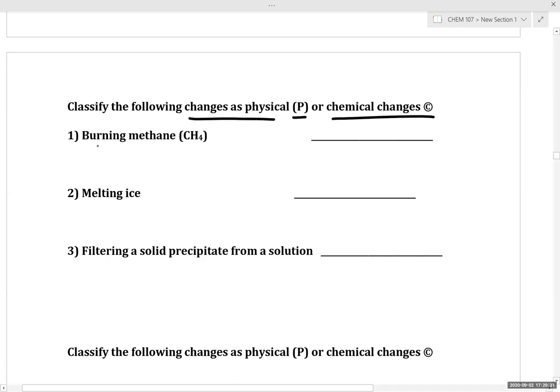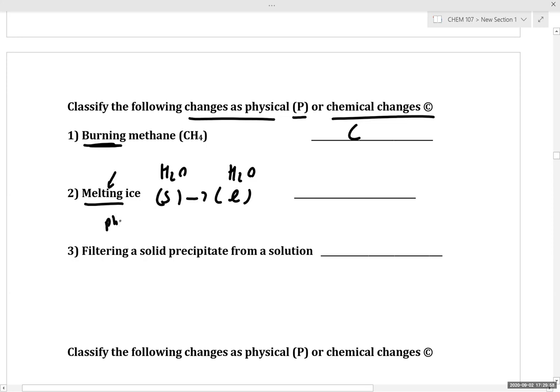So burning methane, so burning. Is this a sign of a physical change or a chemical reaction? If we burn something, if we light it on fire, we react it with oxygen. Chemical, yep, for sure. Melting ice, so we're going from solid to liquid, H2O solid to H2O liquid.